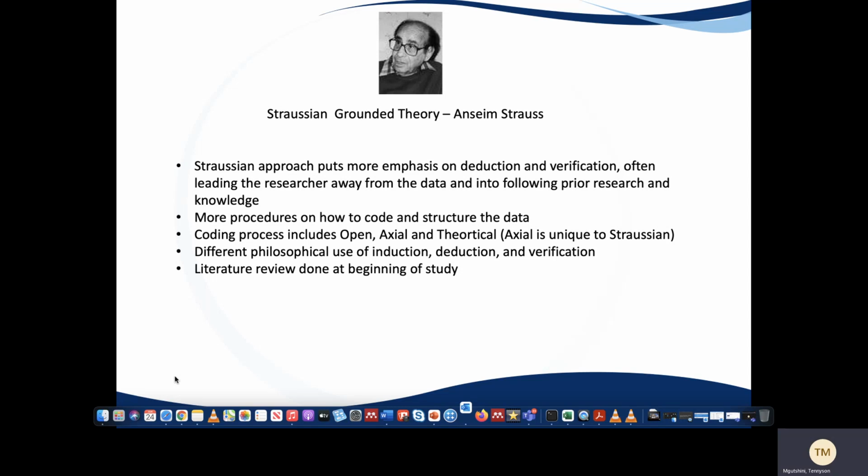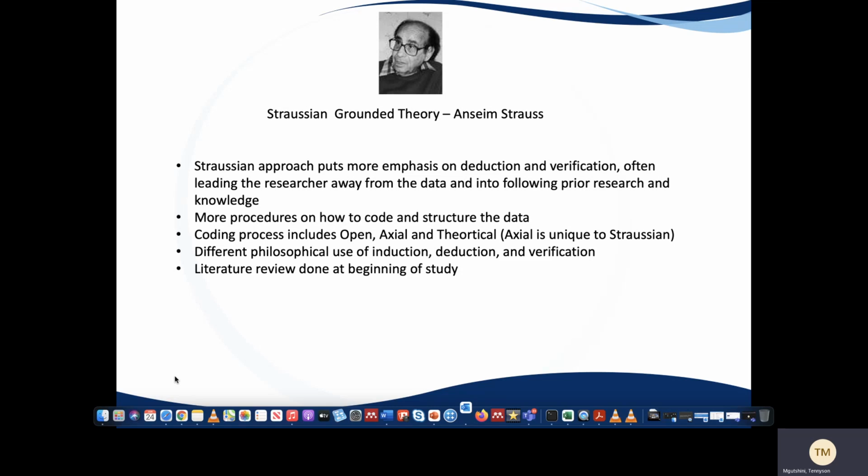And then, of course, the Straussian grounded theory is of the opposite view, that it actually looks more at using what you see to make deductions about where it's taking you. So not everything that you see can self-generate theoretical positions.